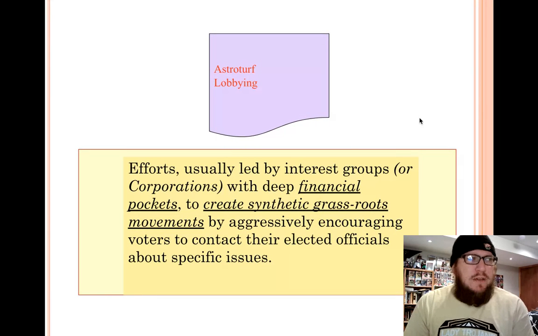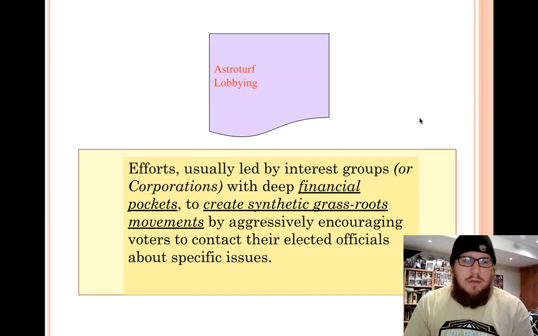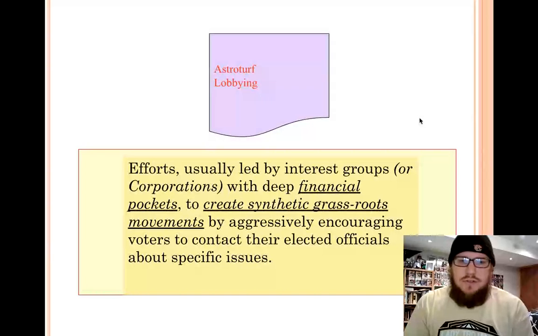But if the goal of education campaigns and advocacy advertisements is to get people to do something, then maybe all grassroots movements that are connected to an interest group are AstroTurf. It's really hard to create that distinction.